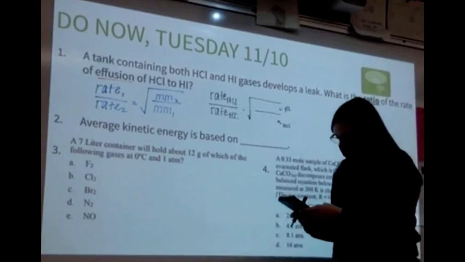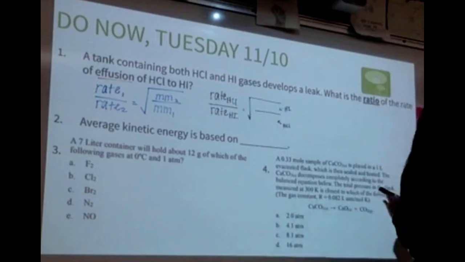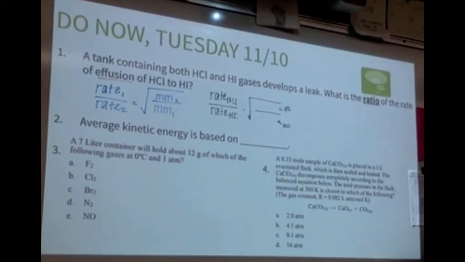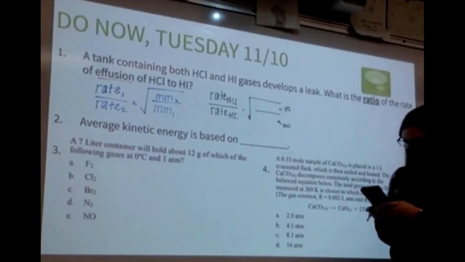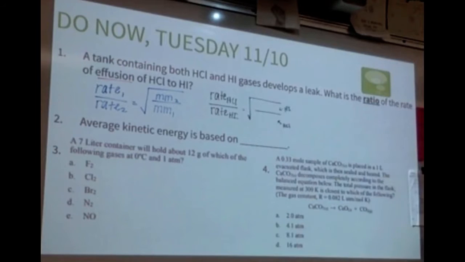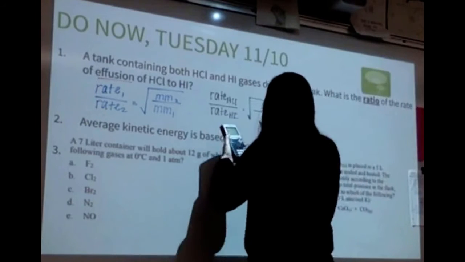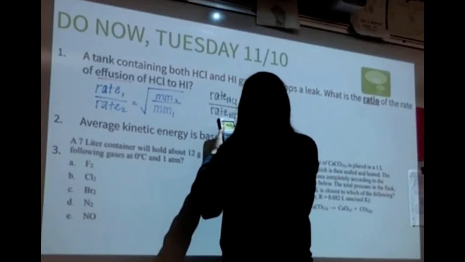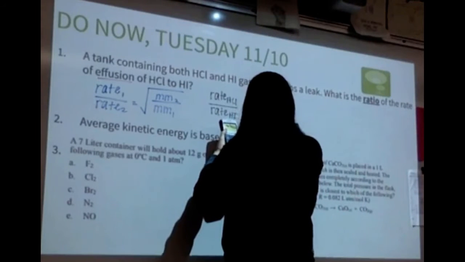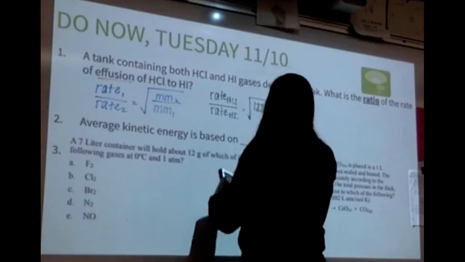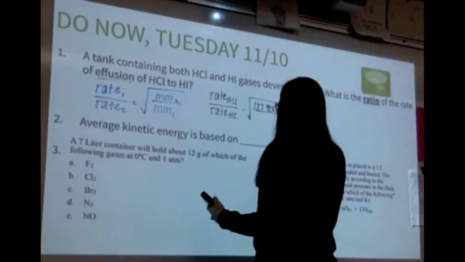If we look at calculating the molar mass of HI, look at the periodic table, hydrogen is 1.008, iodine is 126.91. The molar mass of HI is 127.918 grams per mole.